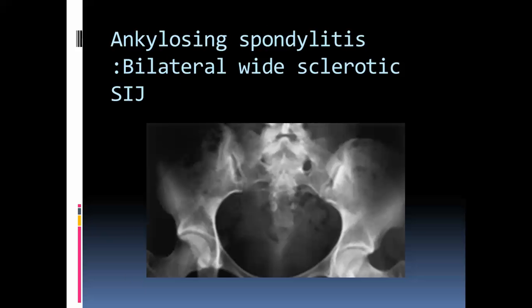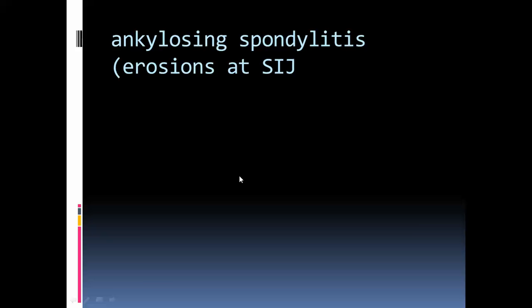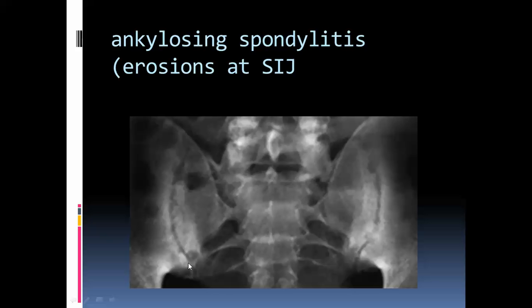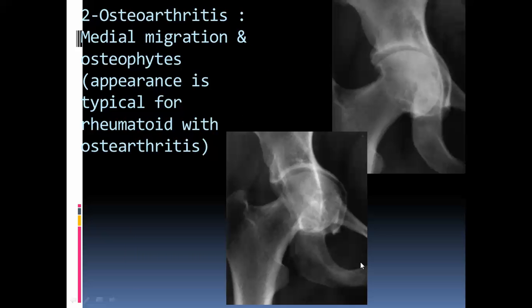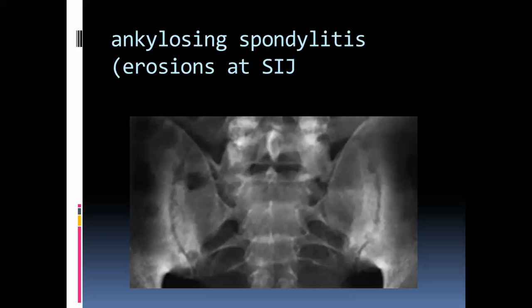while in ankylosing spondylitis the earliest sign in sacroiliac joints is the widening, and this widening soon starts erosions like this. Ankylosing spondylitis, erosions of the sacroiliac joints, and lastly in this one the ankylosis will ensue.